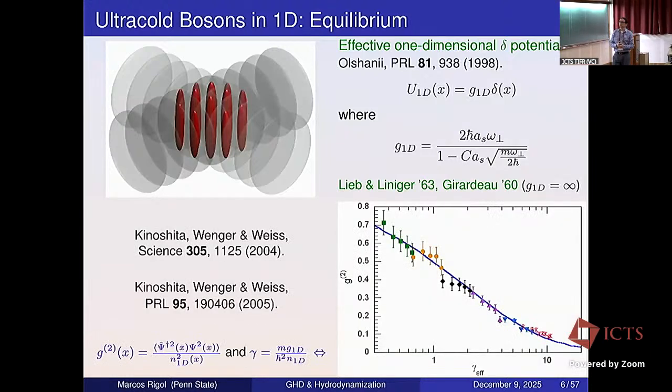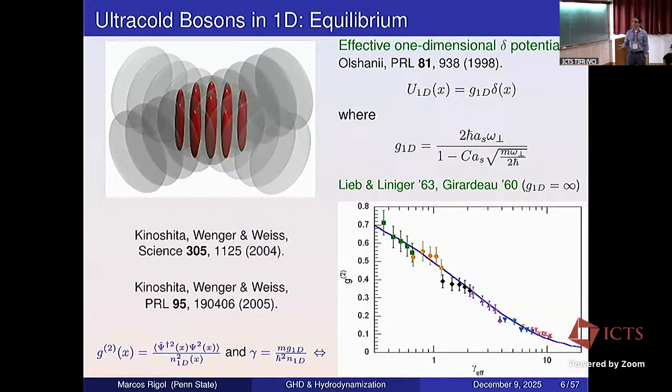This was first realized at Penn State in the lab of Dave Weiss. You're going to be hearing that name a lot. He realized for the first time the Tonks-Girardeau regime, and he actually explored the equilibrium properties of those 1D gases. What I'm showing you here is a plot from this paper in which they measure what is called the g2 local correlator.